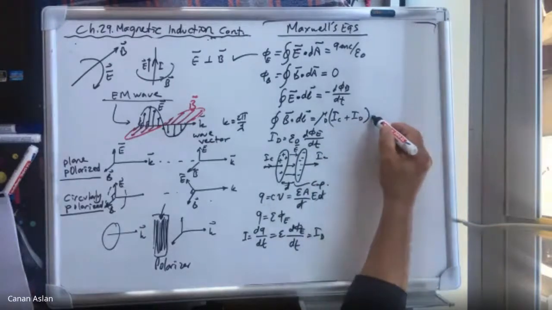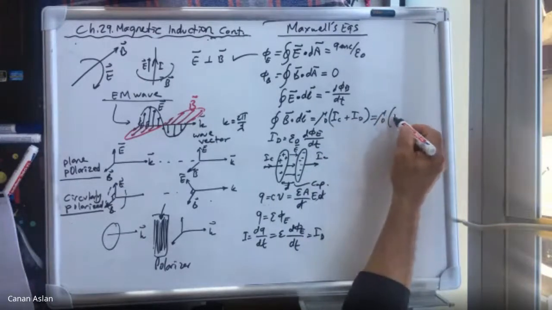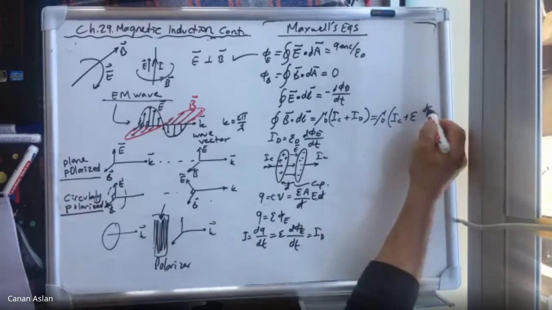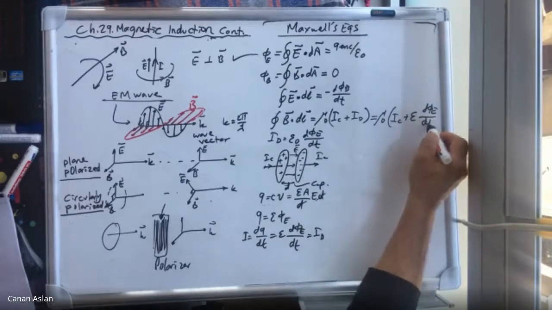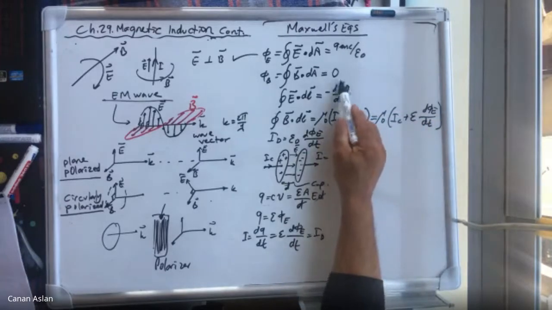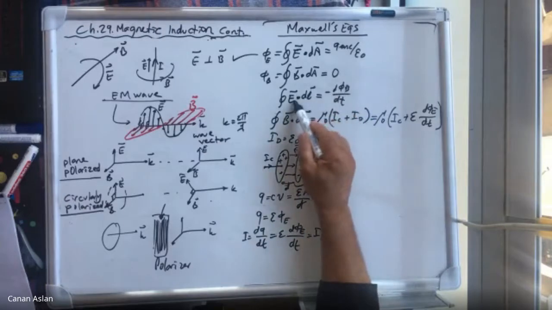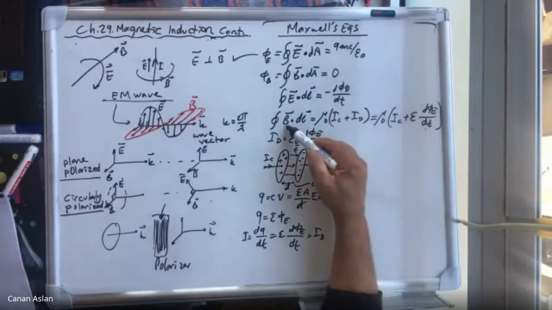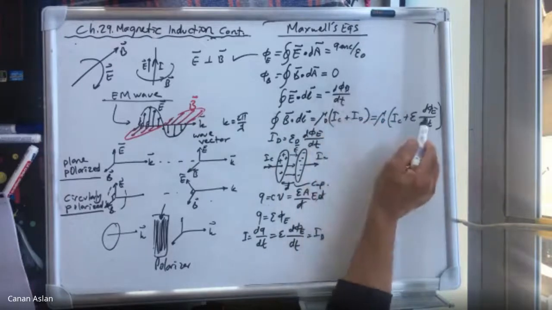So now this can be written as mu 0 times the conduction current plus epsilon times d phi E over dt, okay? As you see in Faraday's law, if the magnetic flux changes in time, it induces an electric field, but if the electric field changes in time, it induces a magnetic field. So there is a parallel connection.